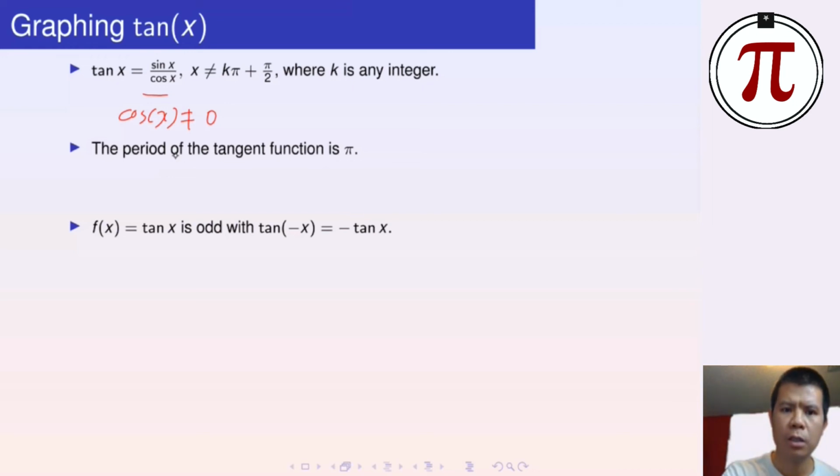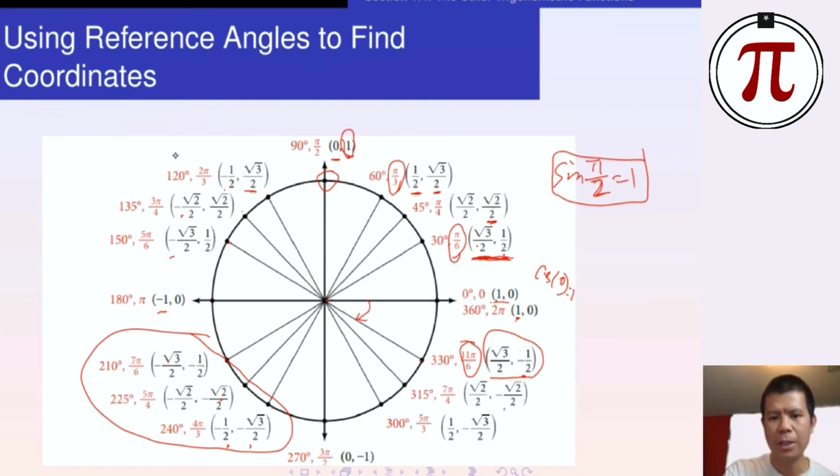Now if you see this, for which of them is the x coordinate 0? I believe this one, and this one.